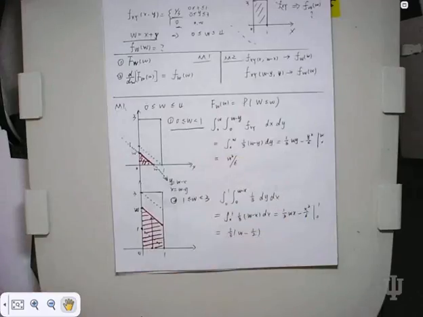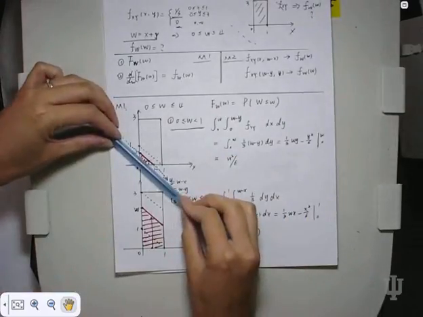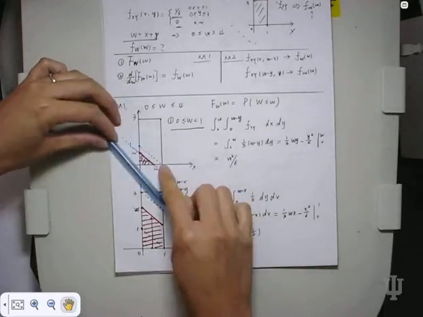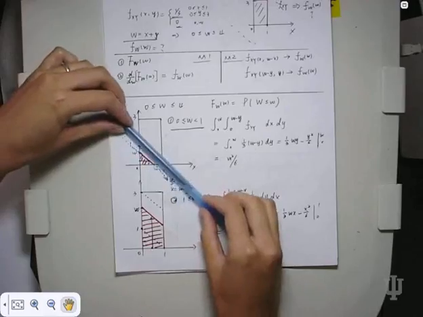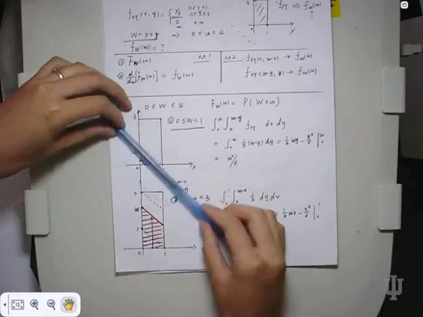Because if you think your W is increasing like this, when you get here, your W equals 1, right? This is the point. But if I go further, here my W is increasing, increasing, increasing.